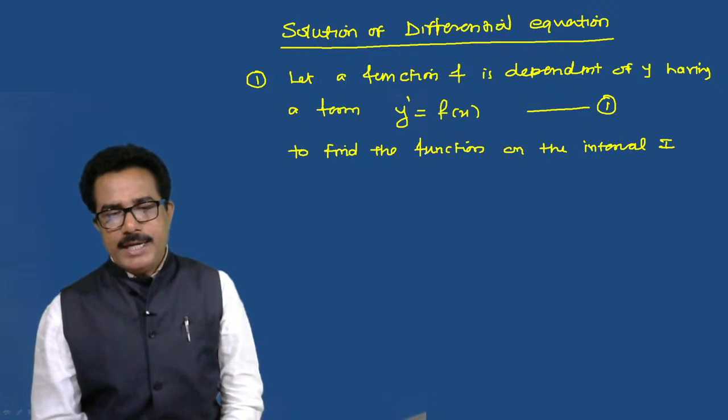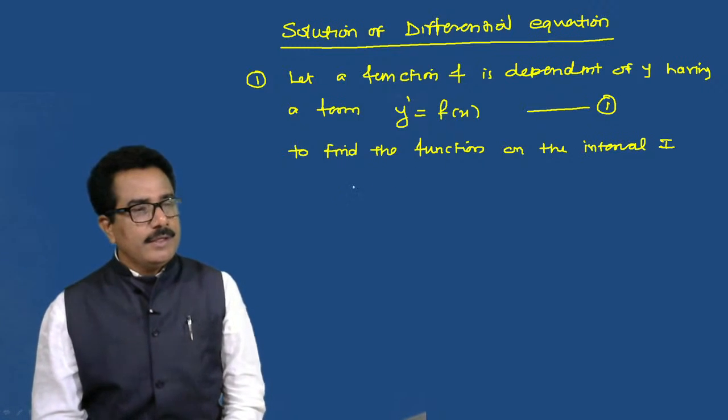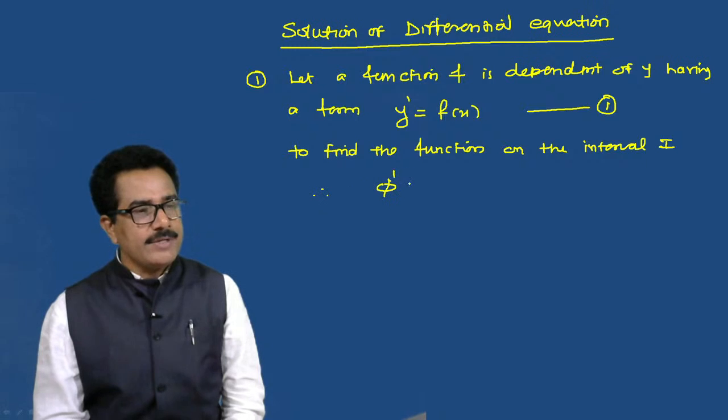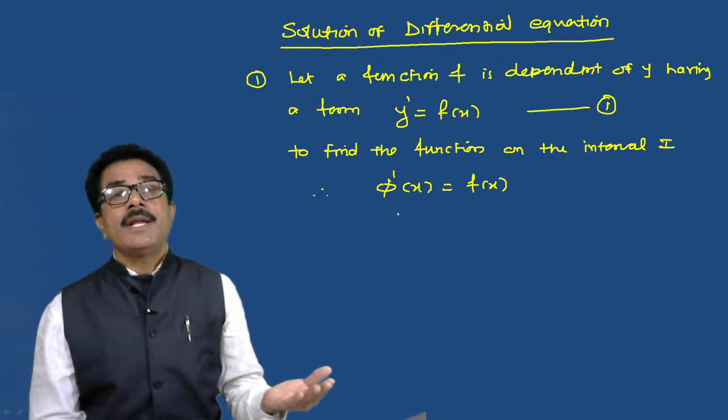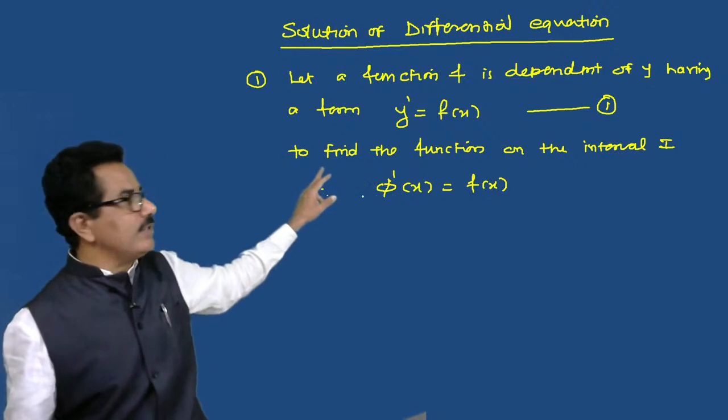So we can write such that phi dash of x is equal to f of x. After this, to obtain phi of x, this is phi dash of x.